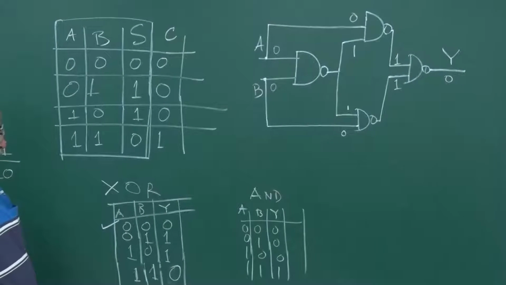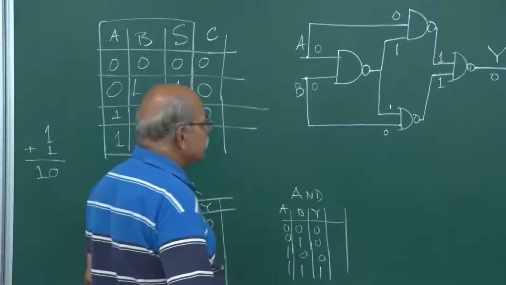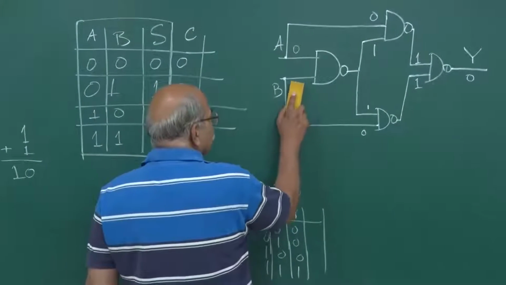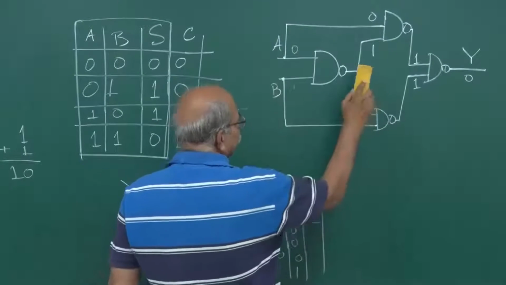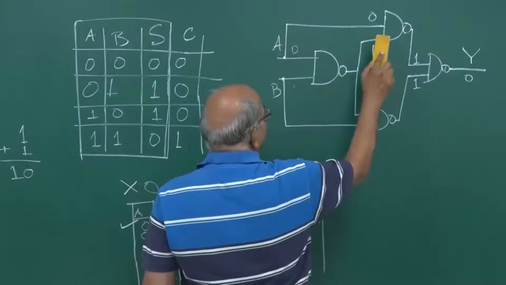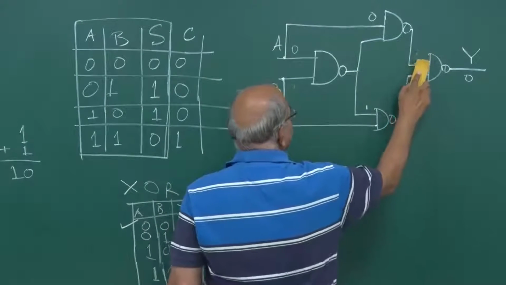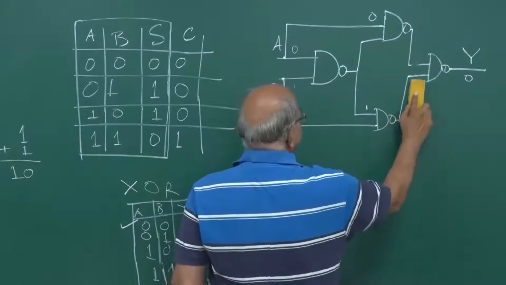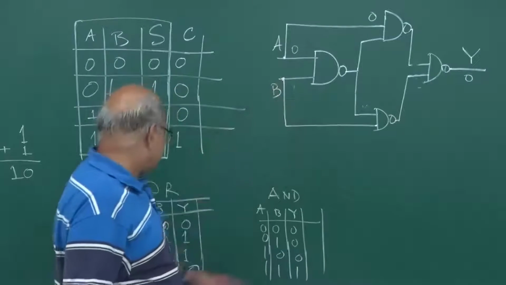Then consider what happens if A is 0 and B is 1. So A is 0, B is 1. Let me remove this, let me remove this, and of course A is 0 is all right, and then the output can change. So all these things let me remove. So now you have 0 and 1.